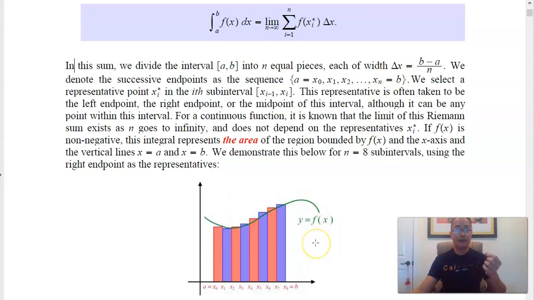So in practice, if you want to approximate a definite integral using the right endpoint or any other method, all you have to do is add up the contributions of the f of xi star first, and then multiply the sum by delta x. In other words, we can factor out the delta x from this Riemann sum.